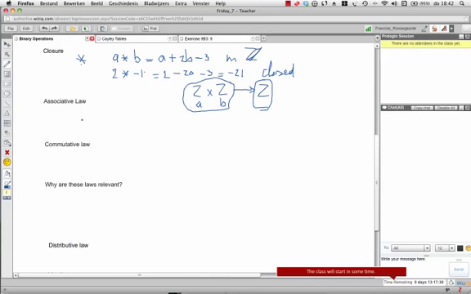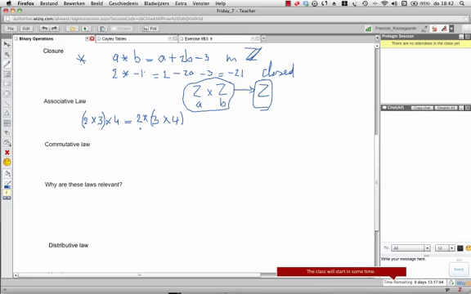The associative law is really very easy, because to give you a very easy example, 2 times 3 times 4: it doesn't matter if I first calculate 2 times 3, which is of course 6, times 4 is 24, or if I first calculate 3 times 4, which is 12, times 2 is 24 as well.